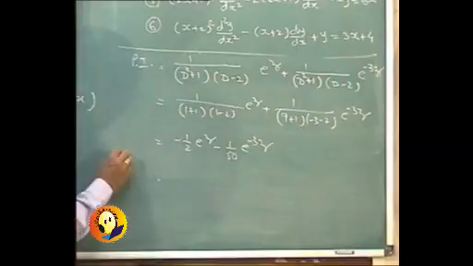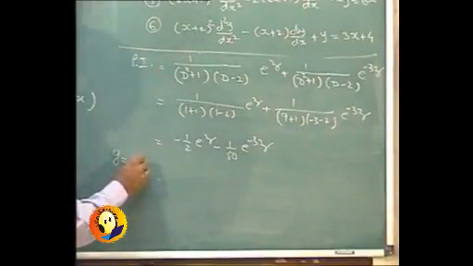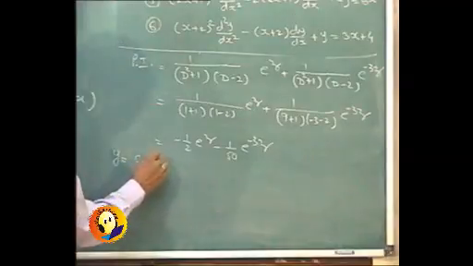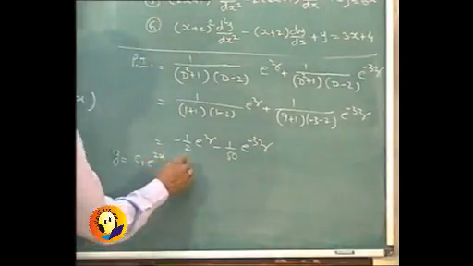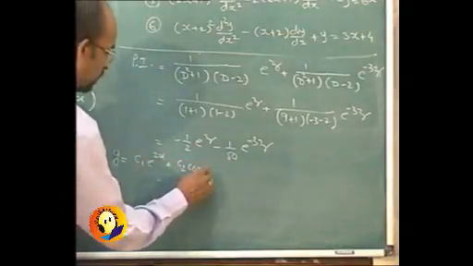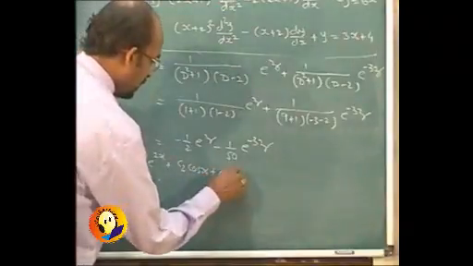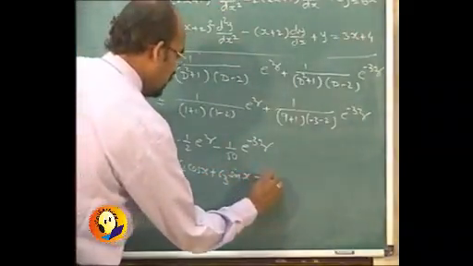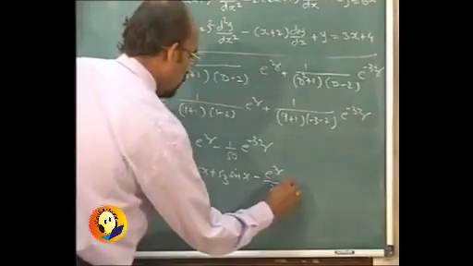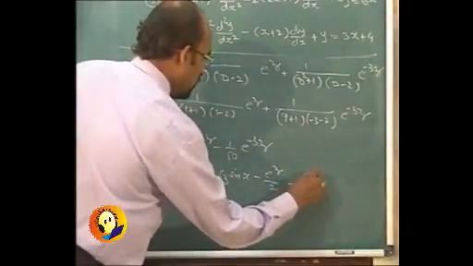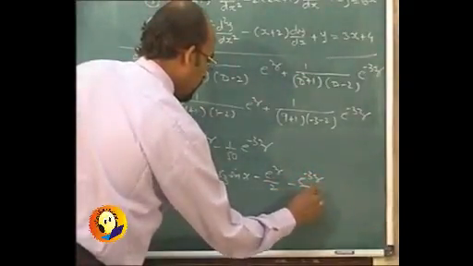So this time it will be y equal to C1 e raised to 2x plus C2 cos x plus C3 sin x minus e raised to z upon 2 minus e raised to minus 3z upon 50.